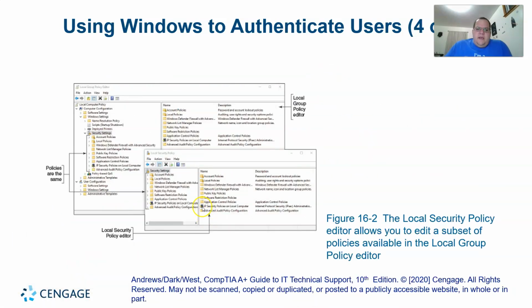This is what it looks like on a local policy: you have your computer configuration and your user configuration. Computer configuration is based on your computer settings, and the user one is based on the user. So you can restrict each one however you want.